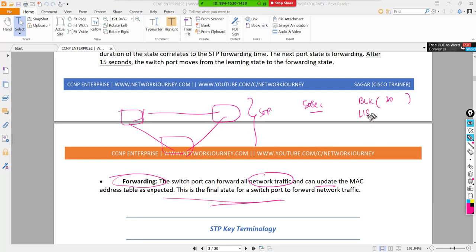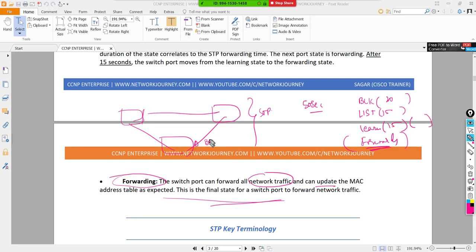Then it goes to the listening state, where it will be for 15 seconds. It will listen, and it will also send the BPDU to others. Then it will go to the learning state, where again it's going to be 15 seconds, where it will modify the MAC address table depending upon the algorithms that we discussed: root bridge, root port, and blocking. And finally it will go to forwarding. This is the state where your blocking will be decided.